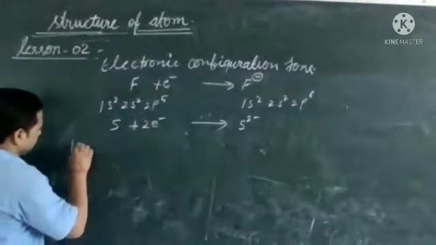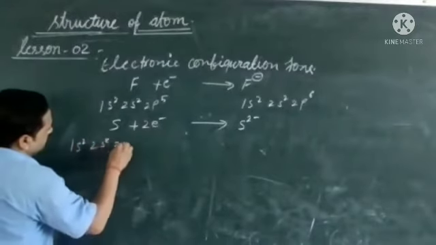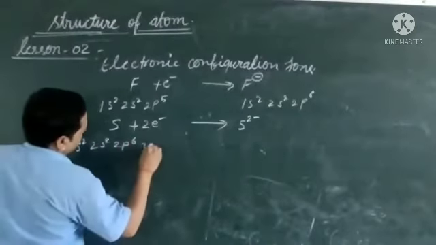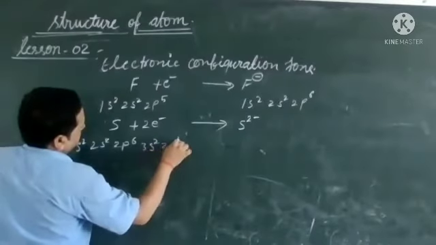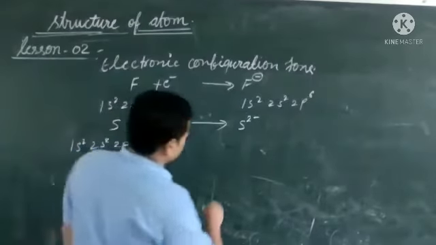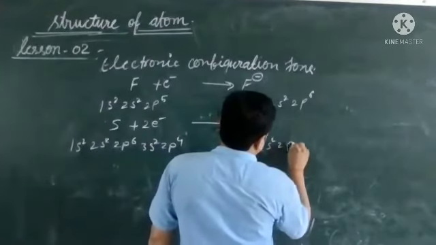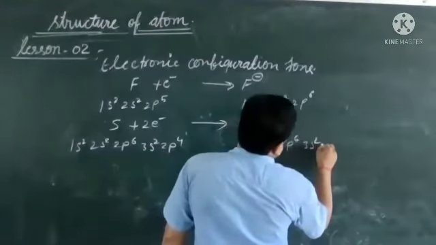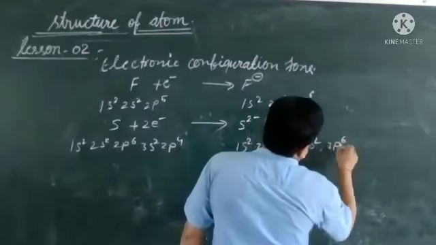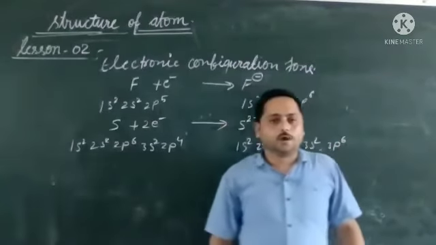Okay, 3s2, 3p4, 1s2, 2s2, 2p6. So how many have written?